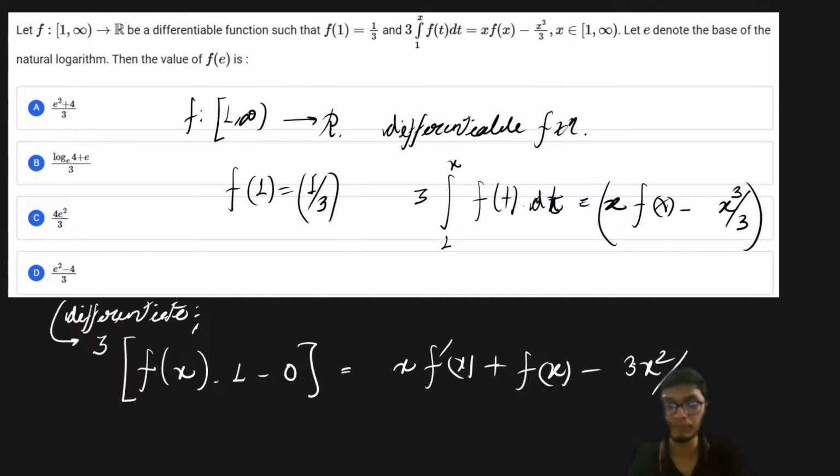This is what we will have if we differentiate both the sides. Is this clear to all of you? Once we differentiate both the sides, we get a differential equation form, which is basically again similar to the previous question.